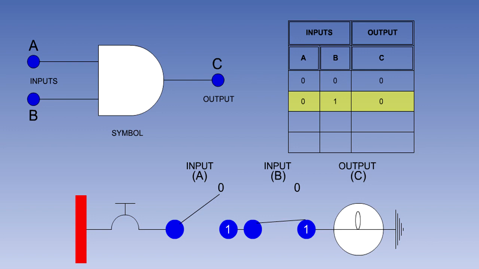If switch B is closed with switch A open, the output will still be 0. Similarly, if switch A is closed with switch B open, the output will be 0. Only when both switches are closed will the bulb illuminate, indicating an output in binary terms of 1. Because all inputs to this gate need to be binary 1 to produce an output of binary 1, this gate is sometimes referred to as the all or nothing gate.